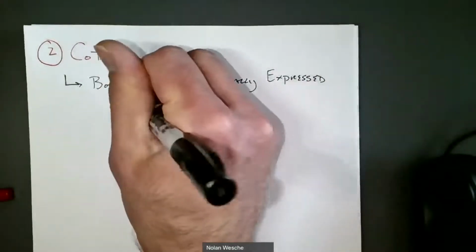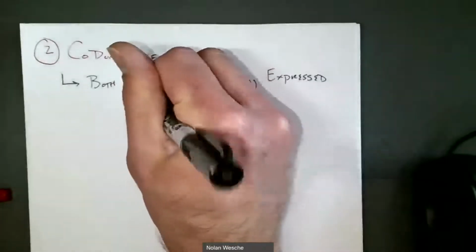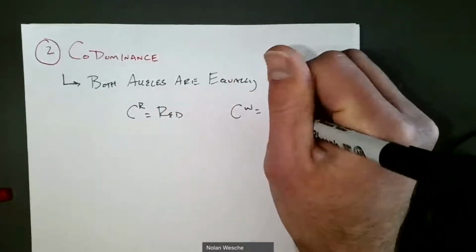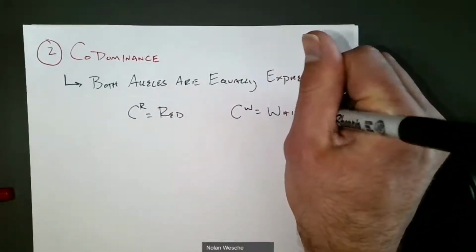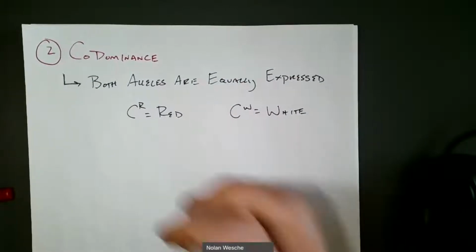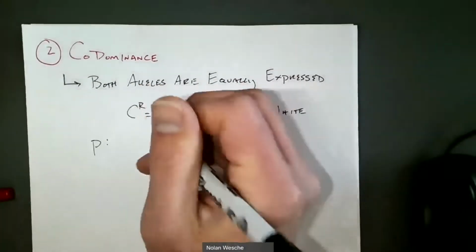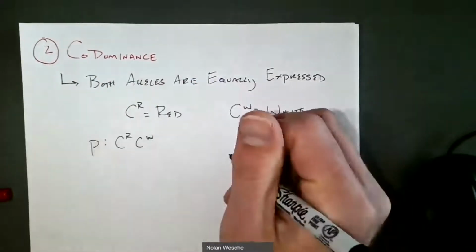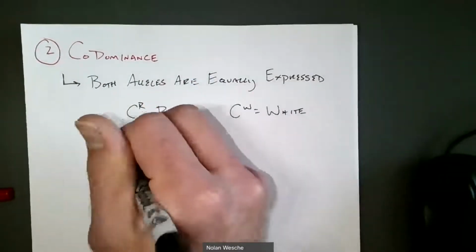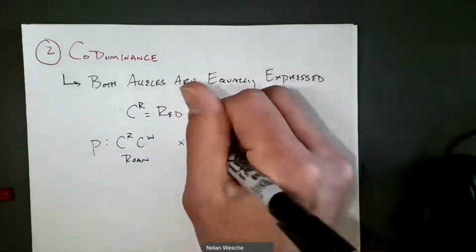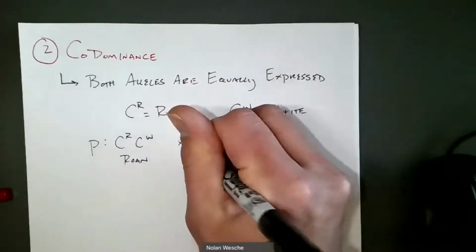Let's say that the CR is the red and the CW is the white. And let's take a roan cow, so CRCW, and let's cross it with another roan cow, CRCW.